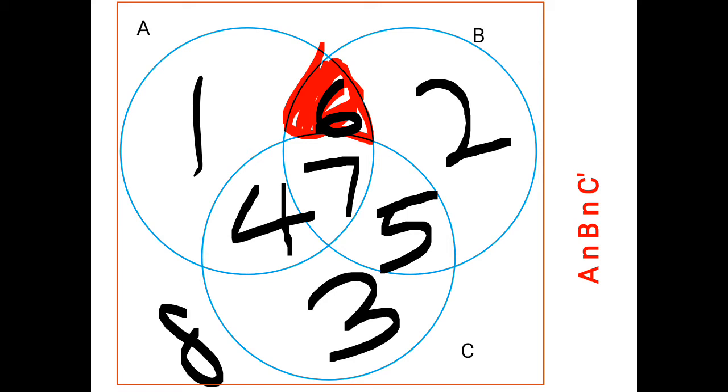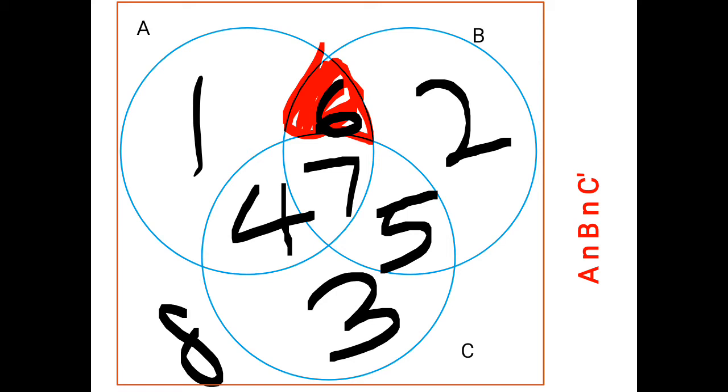A intersection B only, because when you check it well, in the part shaded red, which is region 6, no part of it is found in C. It is found only in the two circles A and B.